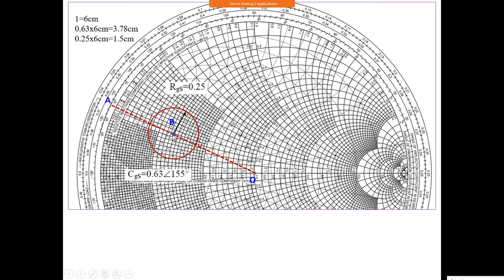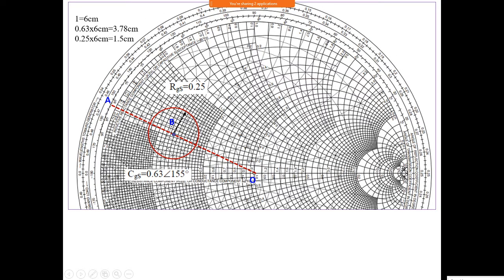This is the center of the circle. See, like this, CGS is 0.63 at 155 degrees. It is not very tough, but you have to calculate CGS. First, the 155 degrees, starting from here you mark.